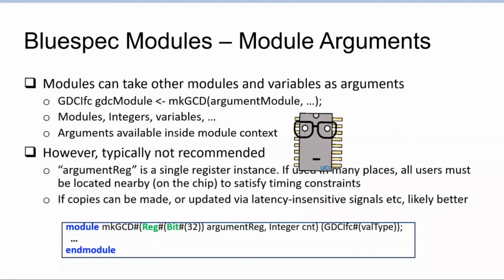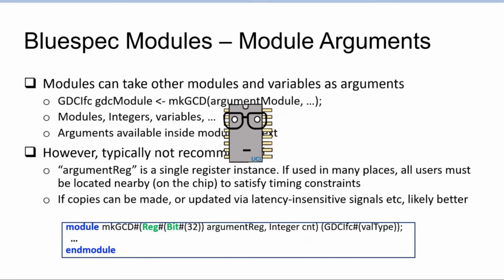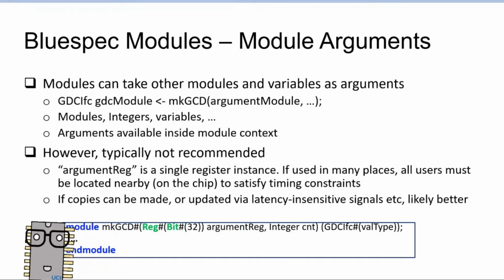And these arguments are available inside the module context. So for example, if you give a register, a 32-bit register called A, and you give A as an argument here, inside make GCD you can use A just as if you had instantiated a local register. That's possible to do, especially if you have, for example, a very complex module.